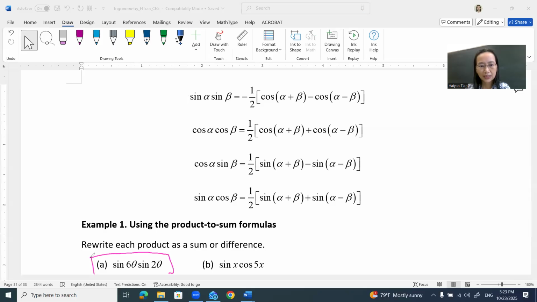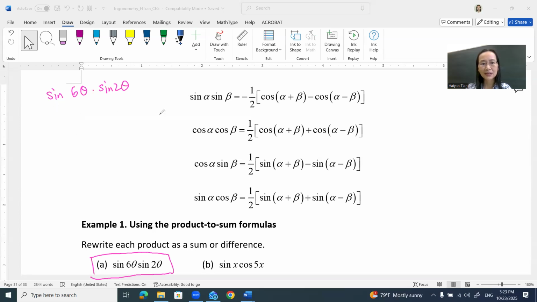We want to write each product as a sum or difference. The first question is sine 6 theta, sine 2 theta. So look at the 4 identities. Which one is in this form? It is a product, right?